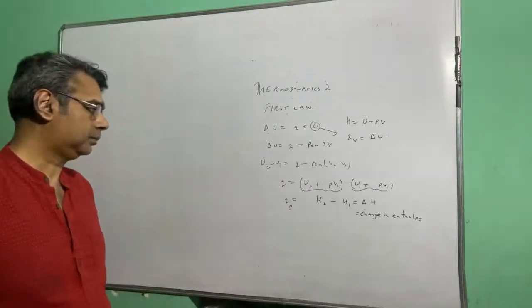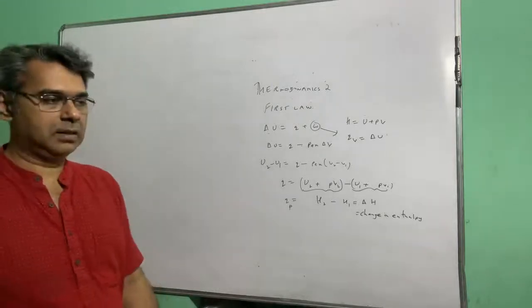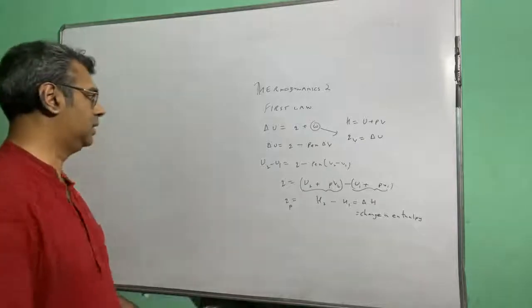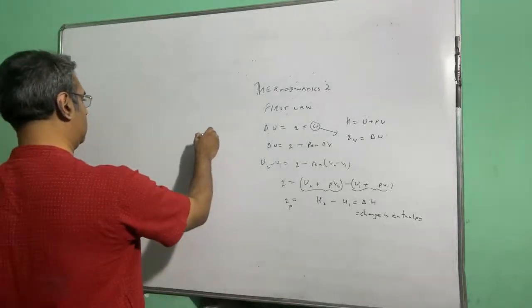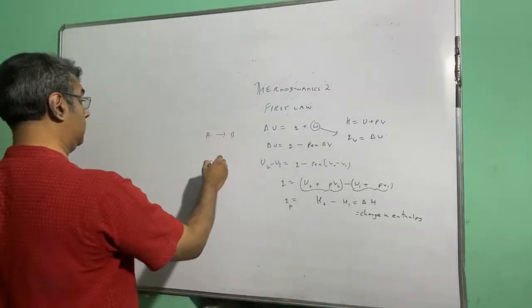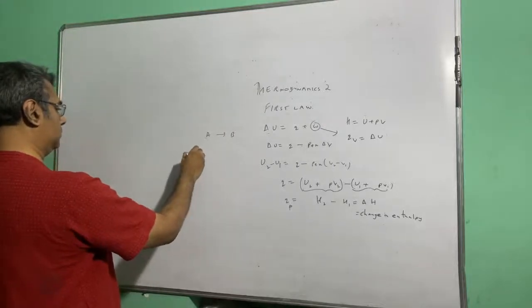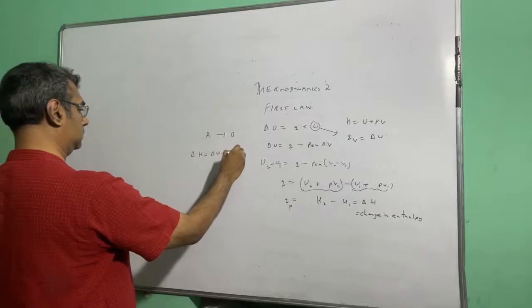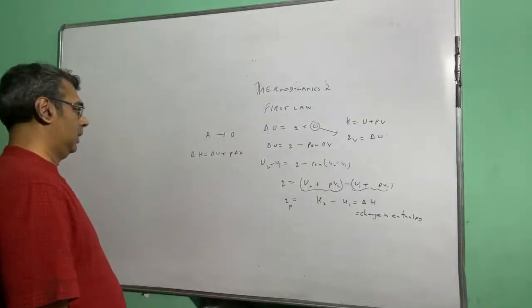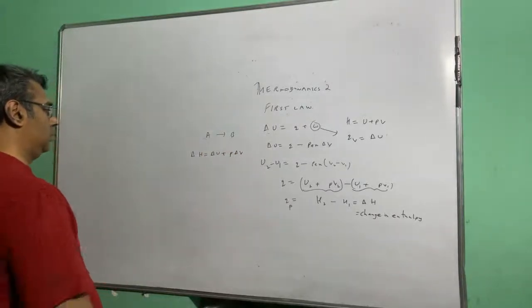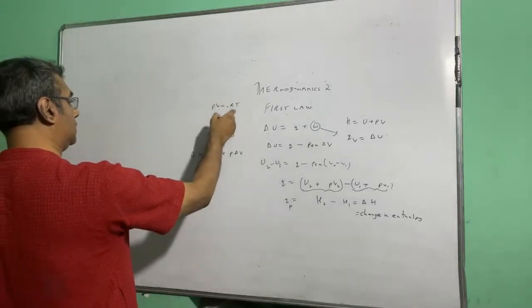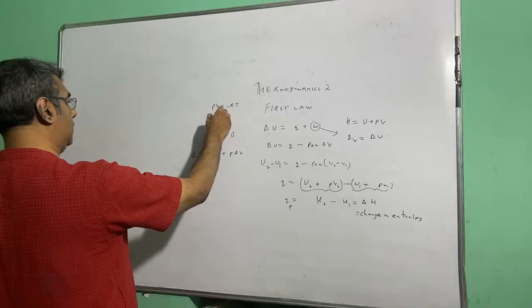Now, there are certain reactions in which the reactants and products are both gases. So, suppose A is the reactant and B is the product. So this is the reaction. If the reactants and products are both gases, you know PV is equal to nRT.